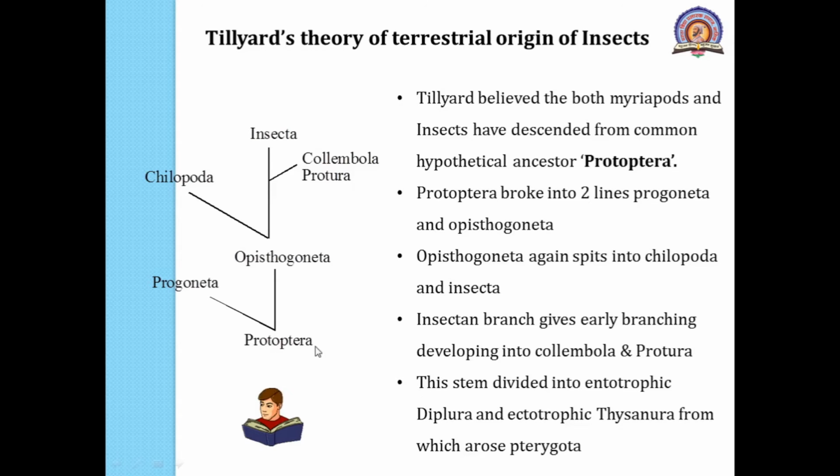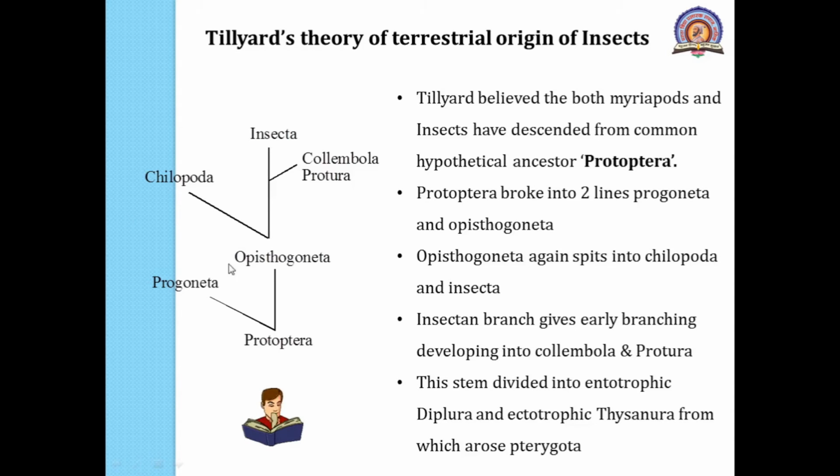This Protoptera broke into two lines, forming the Opisthogoniata and Progoneata. Progoneata have a genital opening in the proximal trunk segment, while Opisthogoniata have a genital opening at the posterior part of their trunk segments.